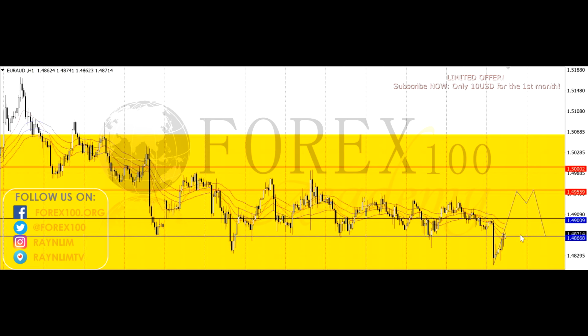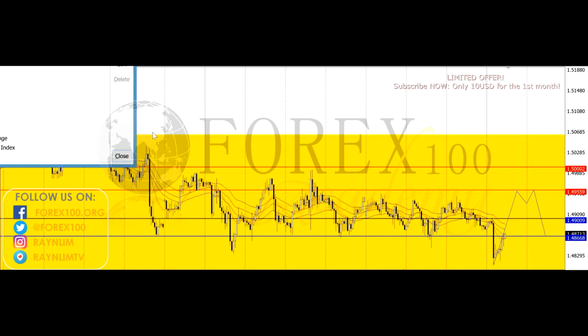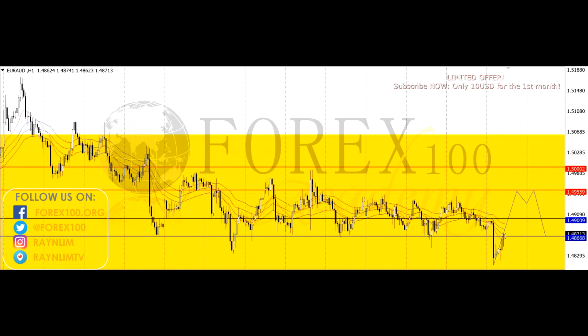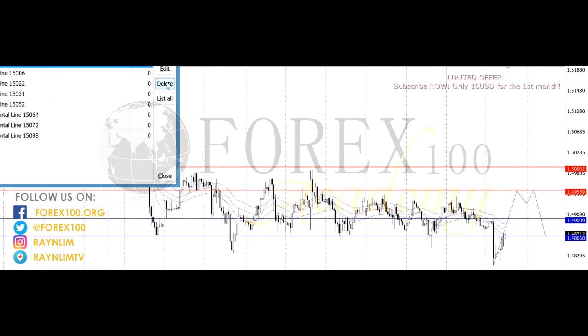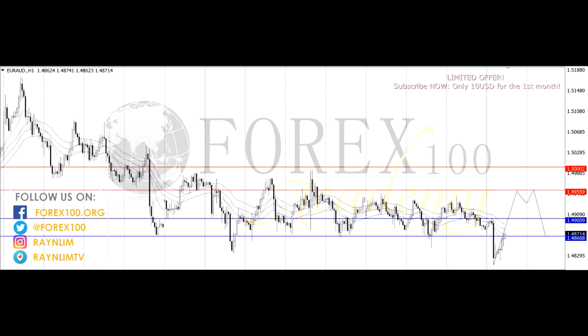So this is the trade idea I have for today, and please allow me to clean this up a bit for you. Perhaps it is much clearer to remove the rectangle of the grid.